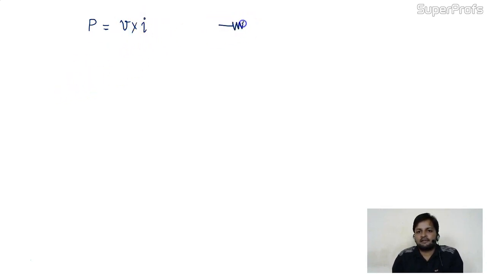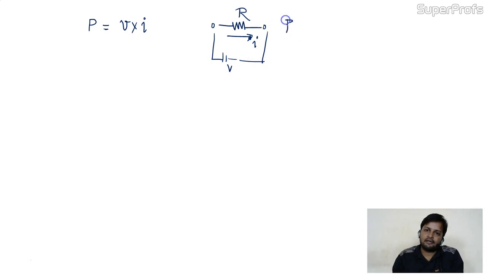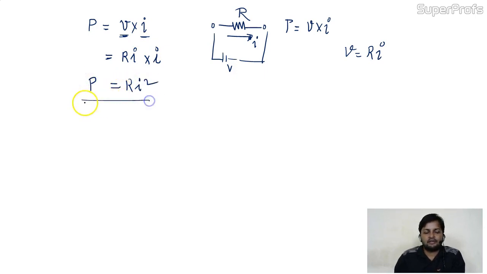In a resistance, suppose the current I is flowing and terminal voltage is V, then the power absorbed by R is nothing but V into I. In other words, what is V by Ohm's law? By Ohm's law, V equals R I. Is it correct? So can I replace V by R I? Yes, I can. R I into I is already existing. So power is nothing but R I square also.